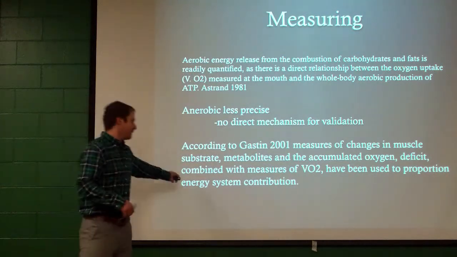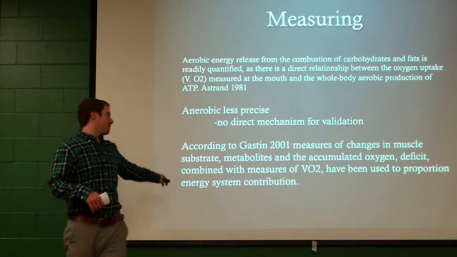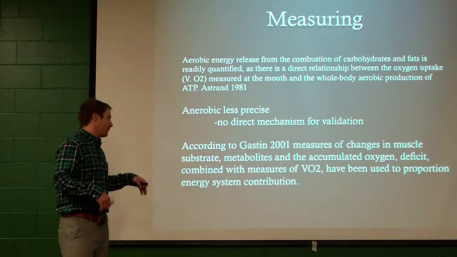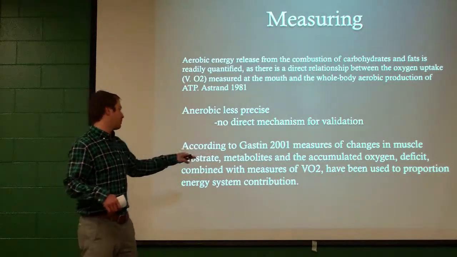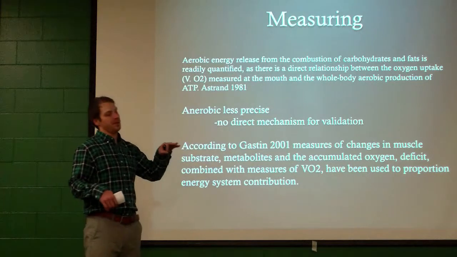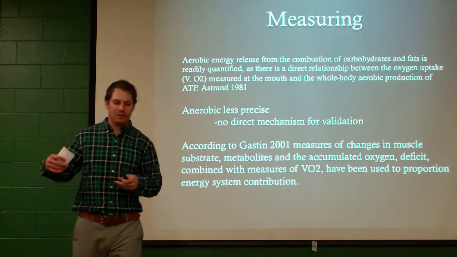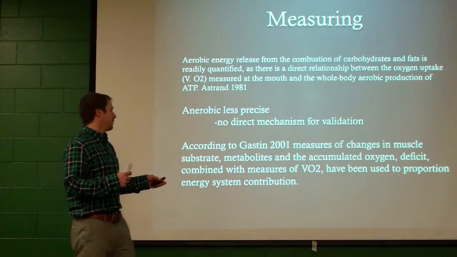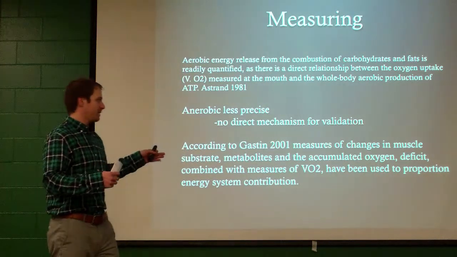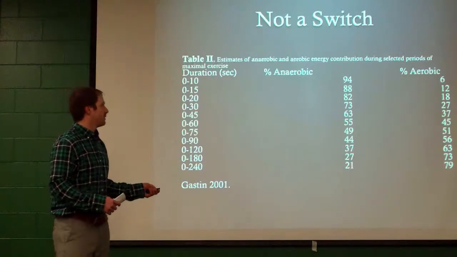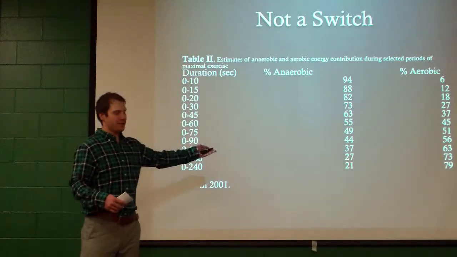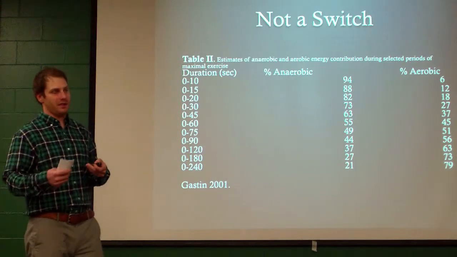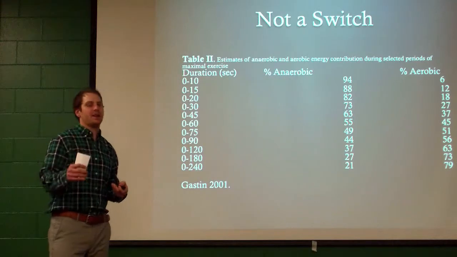According to Gaston, measures of changes in muscle substrate, metabolites, and accumulated oxygen deficit combined with measures of VO2 can be used to proportion energy contribution. So, though we can't get an absolute number, we can use systems like this to get an idea of the proportion of the system being used. You can make an educated guess, though it's not going to be exact.